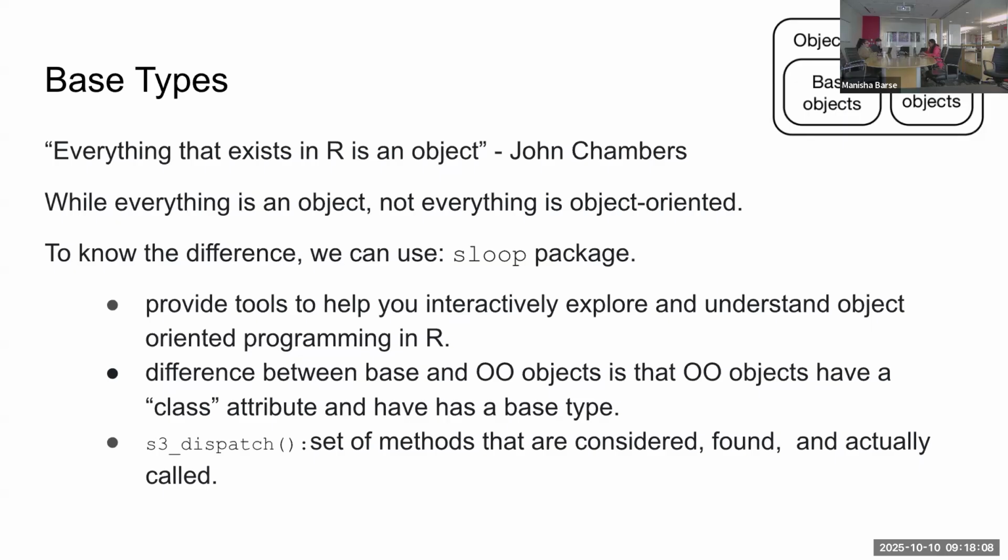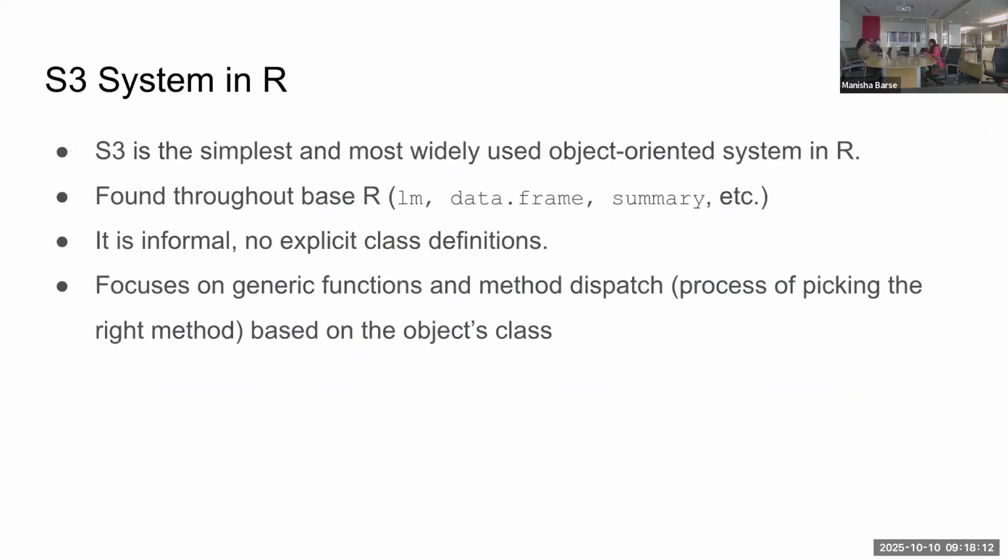We will look at different examples with this function, but diving more into the S3 system, this is the simplest and most widely used object-oriented system in R. It is found within the base R packages, such as linear modeling. We also saw the example of data frame. It could be a summary.